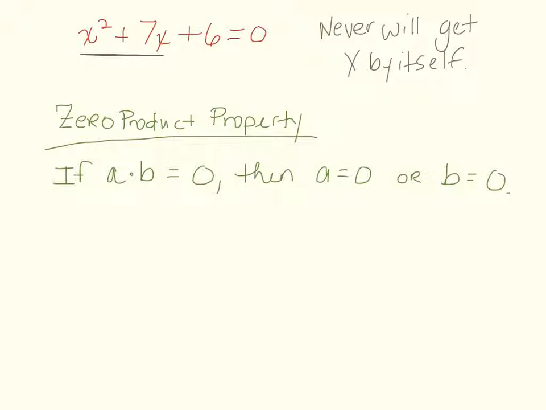So the idea is, we're going to look at the equation. We're going to ensure one side of the equation is equal to 0. We're going to factor the non-zero side, and we're going to use this zero product property to break up the factors and set one of them equal to 0 and the other equal to 0.